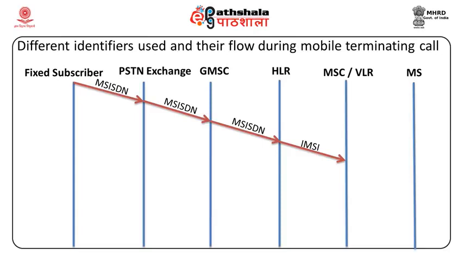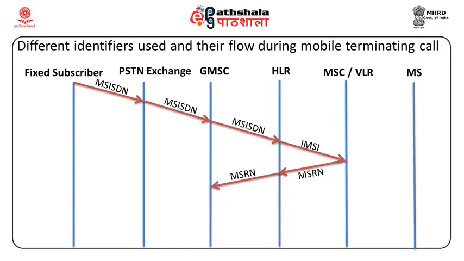Now, the HLR will inquire about this number, but from now onwards, instead of MSISDN, IMSI would be used. So, as we just saw, by using this IMSI, the HLR will ask for the MSRN number, which has been provided by the VLR. This MSRN number goes to the HLR and then to the GMSC.